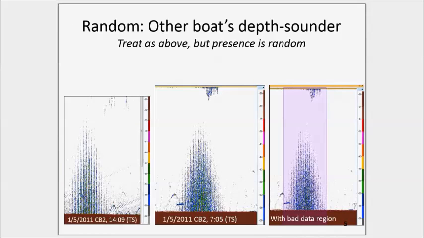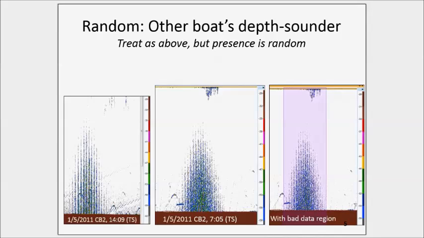Random noise is another issue, because boats go by with similar or even other frequencies that are not what you're recording, and this is what a boat echo sounder looks like as it moves by, at least when we're sitting there. We usually treat that as a bad data region, and I bring this up because the metric we use to look at presence of fish is total backscatter in the water column.